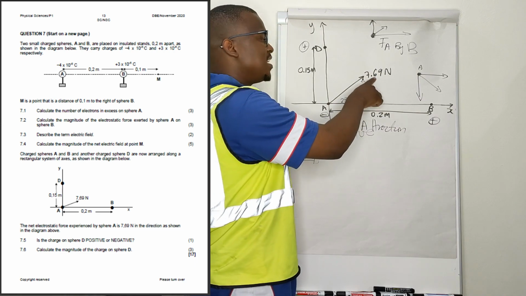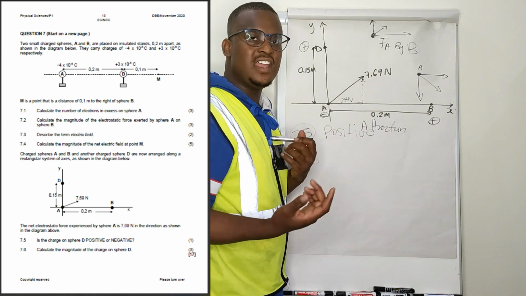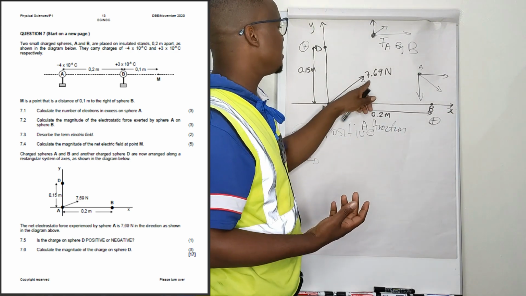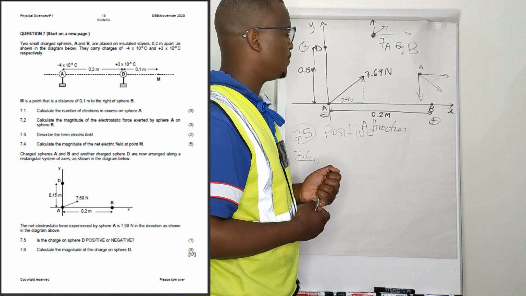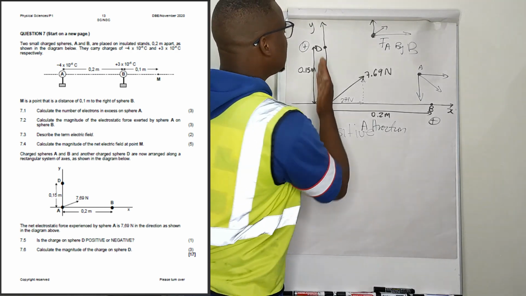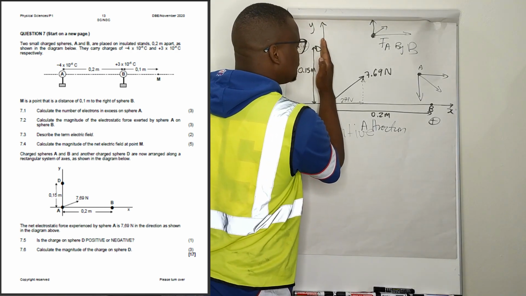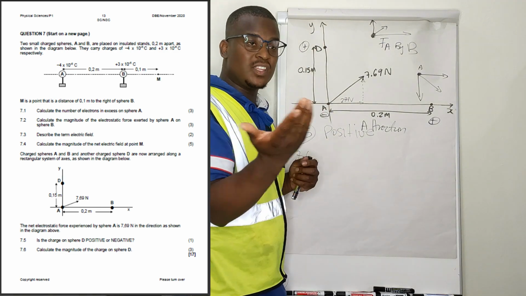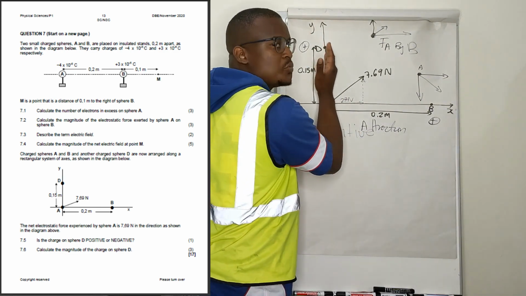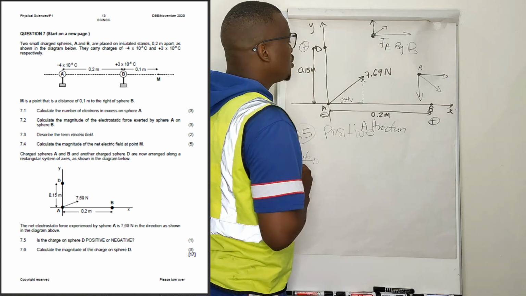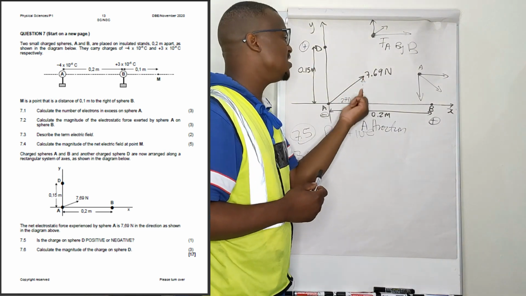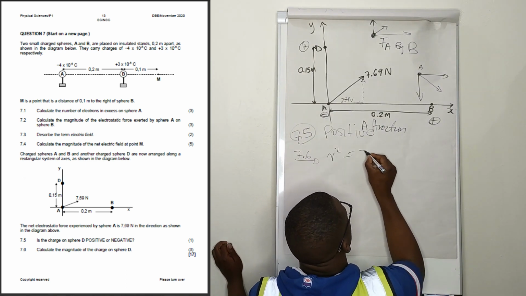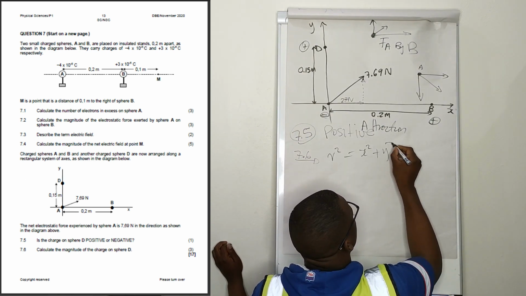We were given the resultant force, or the net force on A as a result of the influence of D and B, as 7.69. So what we actually want is the charge of D. But to do this, we need to find this force that we have here, right? Now we can use Pythagoras theorem to find this vertical force. We can say r squared is equal to x squared plus y squared.